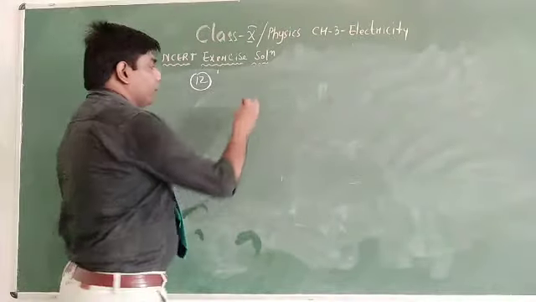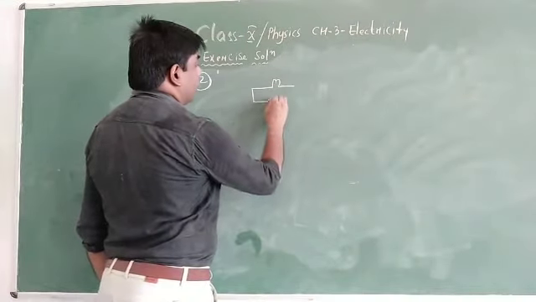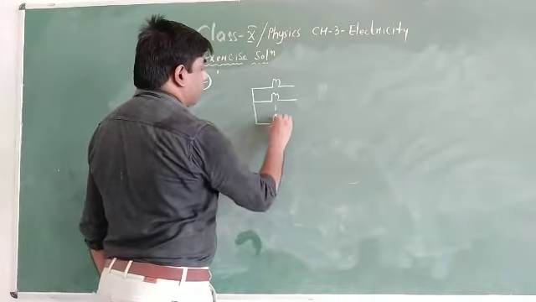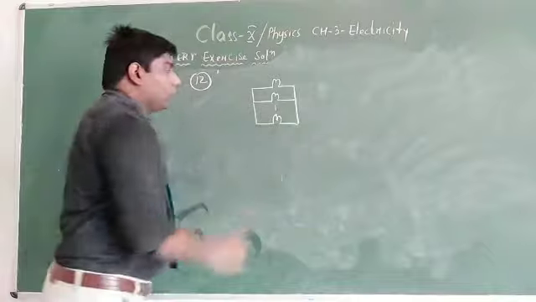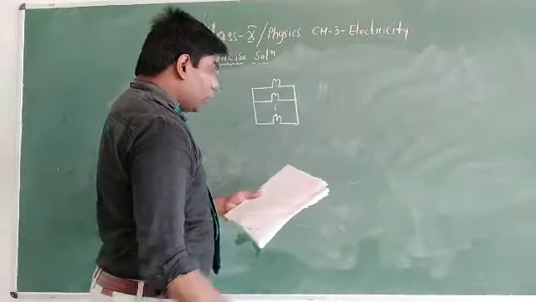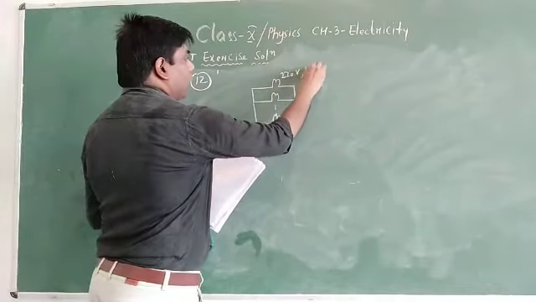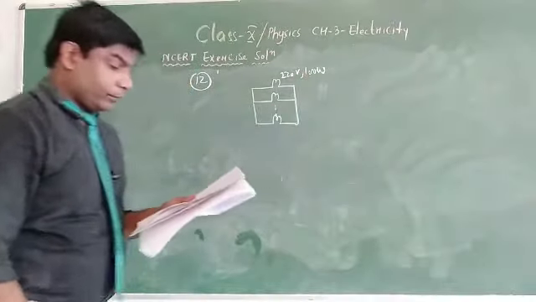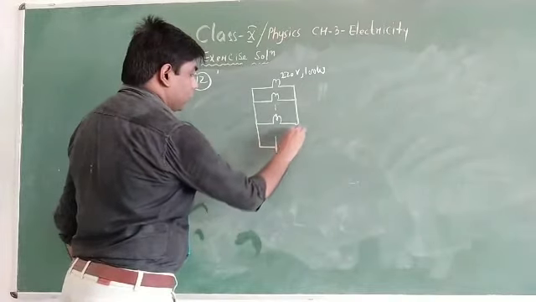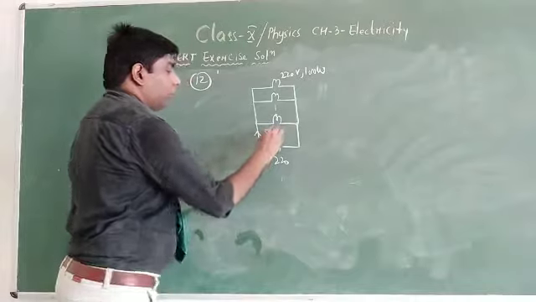Means they are asking how many bulbs are required, right? And they have given it is 220 volt, and when it is connected, total current is 5 ampere.